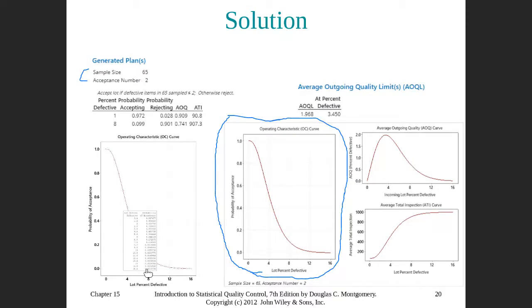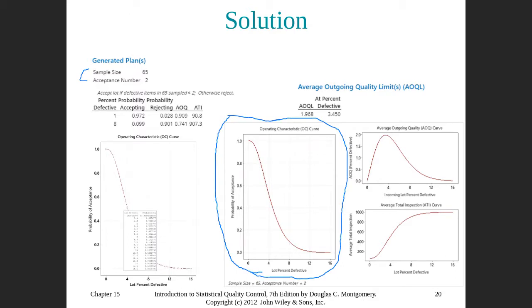This curve is important in the way you deal with the percent of defective versus the probability of how I'm going to accept this lot based on the found percent of defectives.